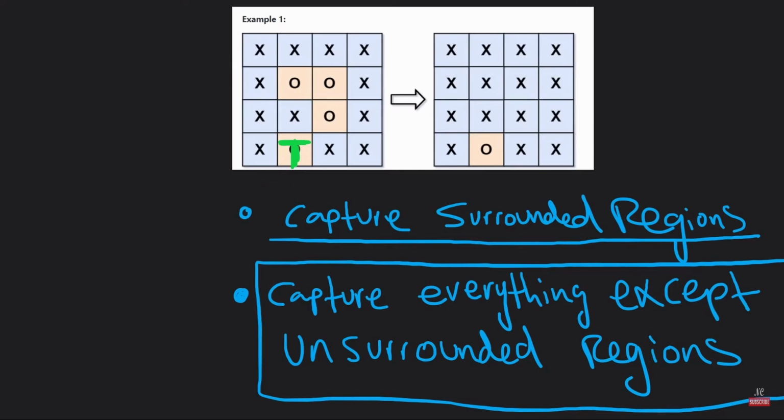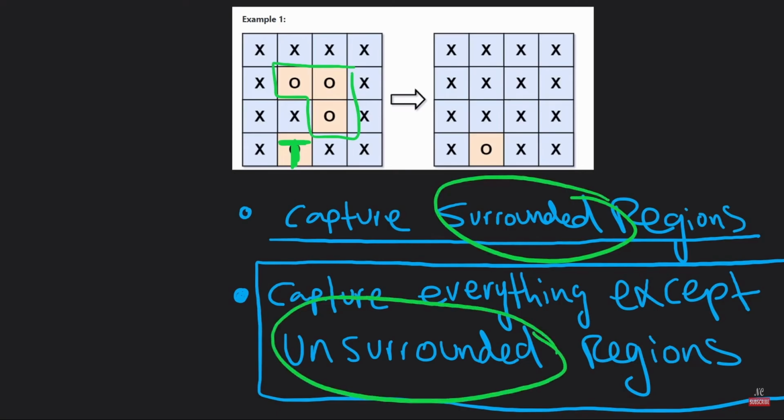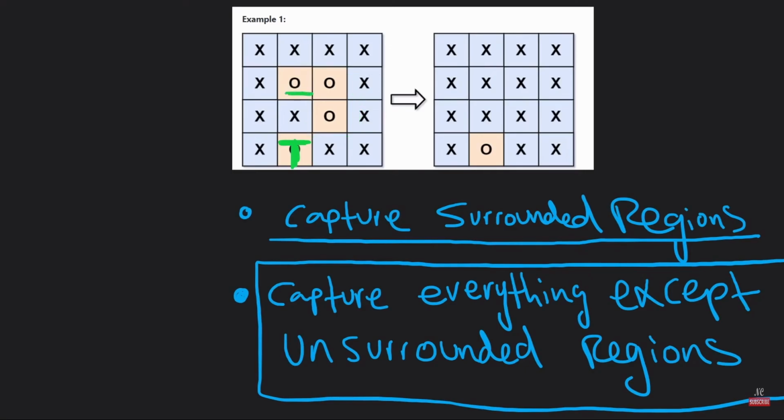So now what are we going to do? We have this board. We're going to just do a double nested loop, iterate through every single row in this input grid, and anytime we see an O value, we're going to change it into an X because now we know for sure that anytime we see an O, it's definitely part of a surrounded region, because any regions that were unsurrounded, we already changed them to a T. So anytime we see an O, we're going to change it to an X. We see this is an X, leave it as it is, X, leave it.